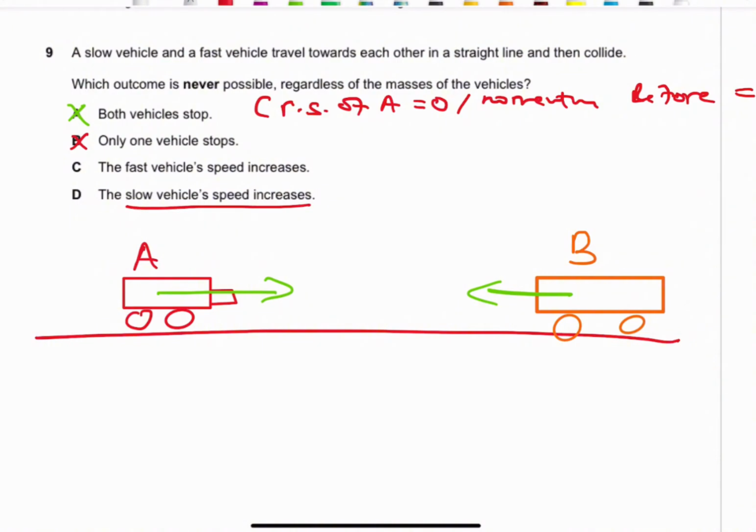So this is very likely, because if the slow vehicle's speed increases because it has gained momentum after that collision, it means that the vehicle which was already moving very fast is going to be slowed down, but it's going to speed up the other vehicle. Maybe this one was moving at 2 meters per second in this direction. This one was moving at 10 meters per second in this direction.